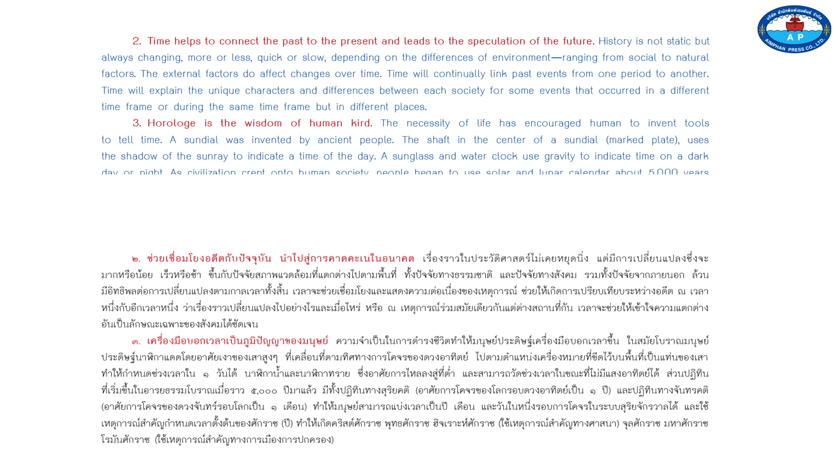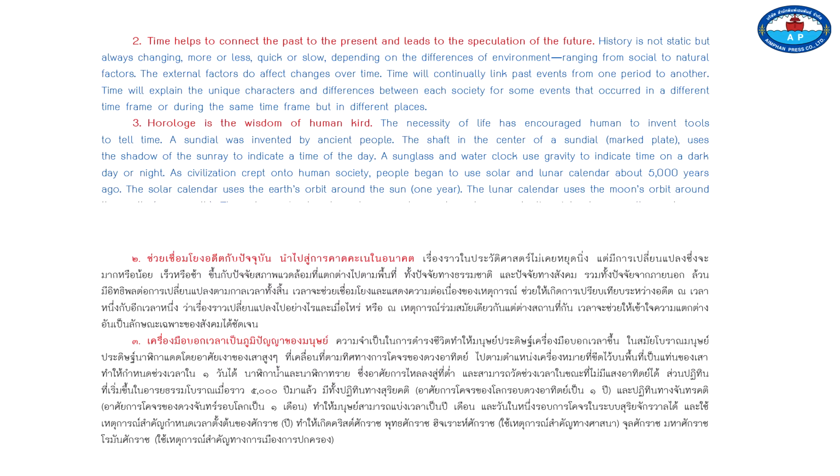A sandglass and water clock use gravity to indicate time on a dark day or night. As civilization crept onto human society, people began to use solar and lunar calendar about 5,000 years ago.